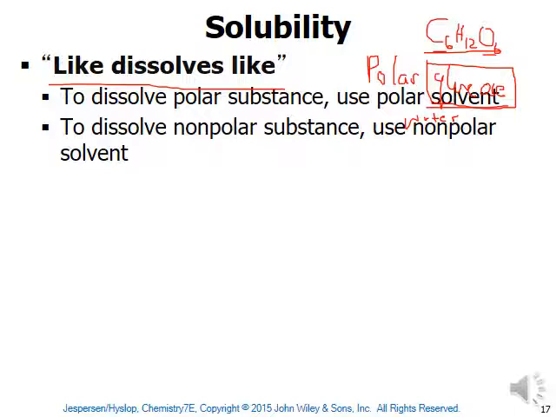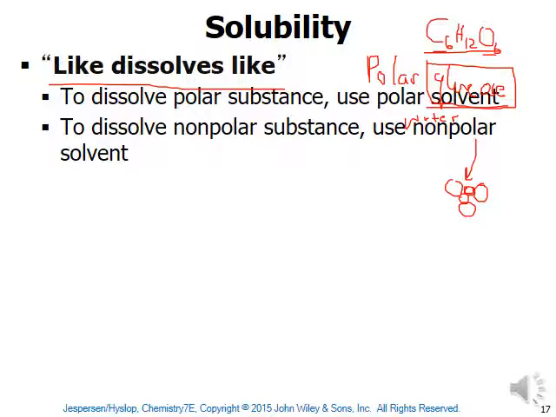So there really isn't a natural attraction, but let's say this is your gasoline, and you put oil into it. The oil can fit in between the particles, and once it gets in between the particles, it can form London dispersion forces.